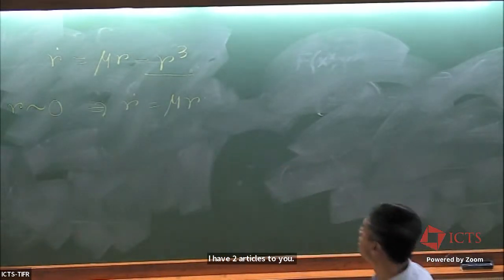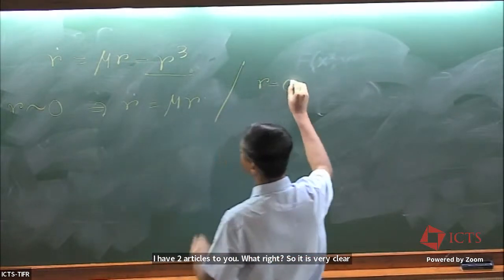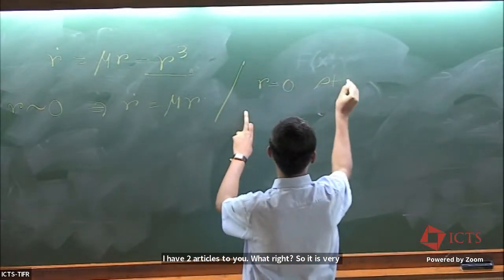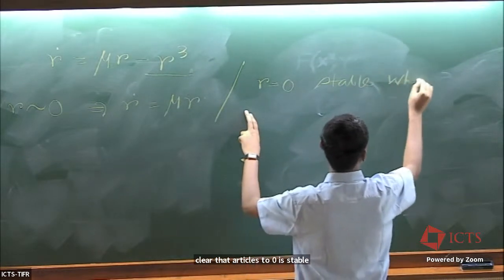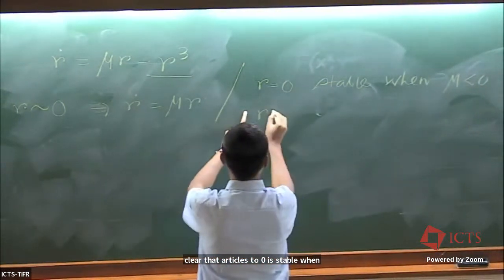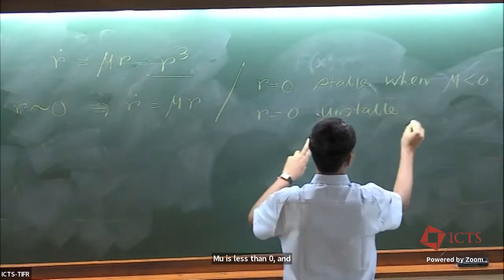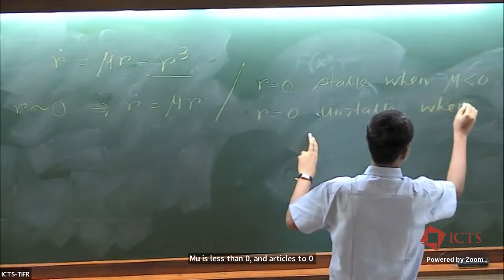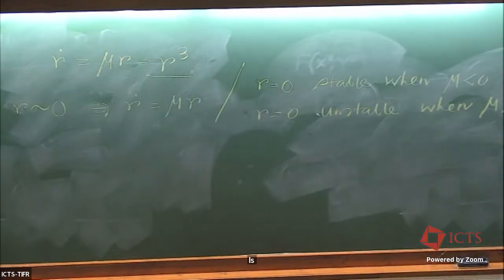So it is very clear that r equals 0 is stable when mu is less than 0 and r equals 0 is unstable when mu greater than 0, right?